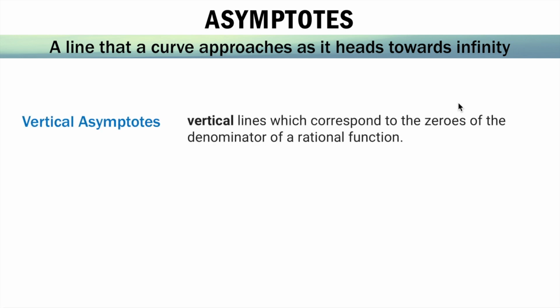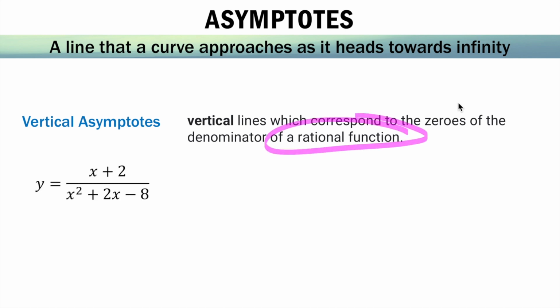All right, next we're going to talk about asymptotes. An asymptote is a line that a curve approaches as it heads towards infinity. We can have vertical asymptotes. Those are vertical lines which correspond to the zeros of the denominator of a rational function. A rational function would be like a fraction.